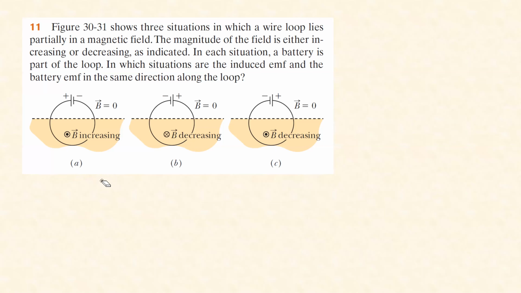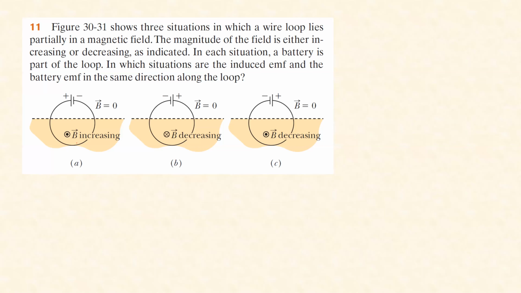Would it be clockwise since the field is opposite, right? So if I'm using the right-hand rule, the field is increasing right now at A, so the induced field would be the opposite direction.